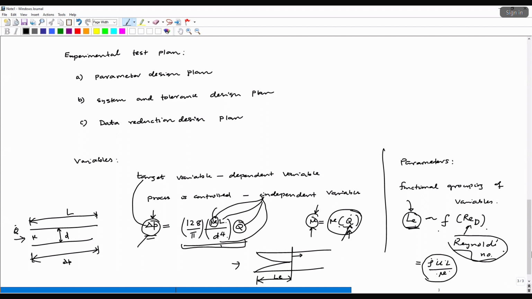As you know, a Reynolds number is used to characterize the type of flow, whether it is laminar or turbulent. So parameters are a combination of different variables which can generalize your understanding of a system. They are broader than variables in general.